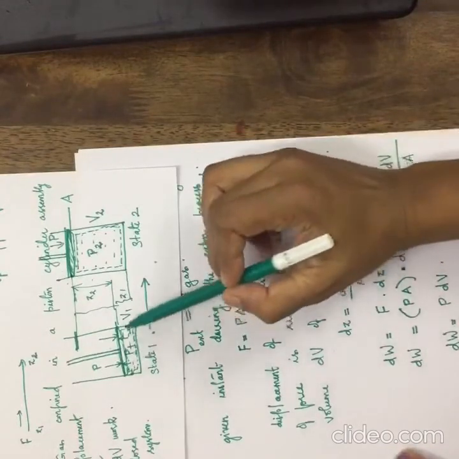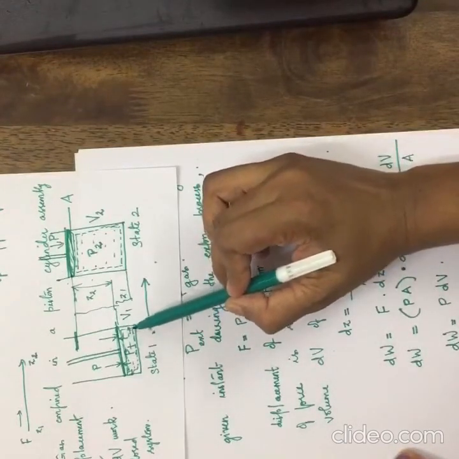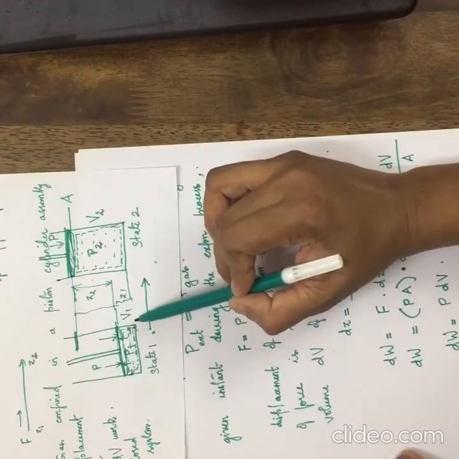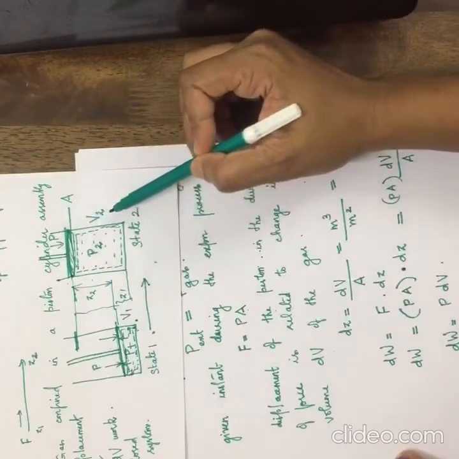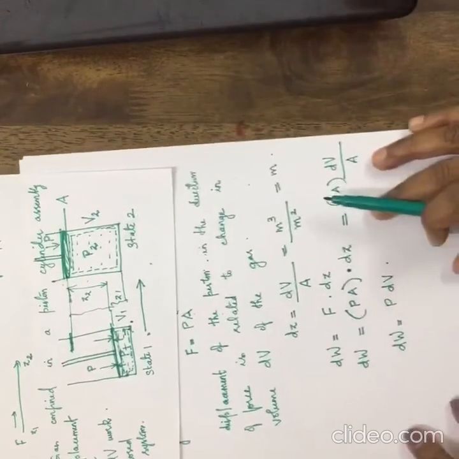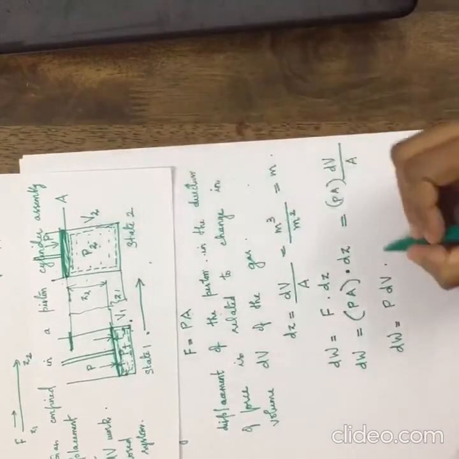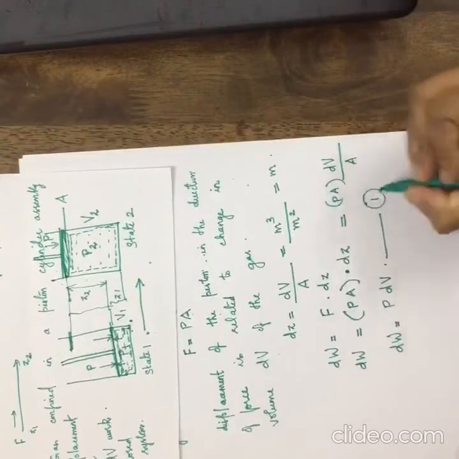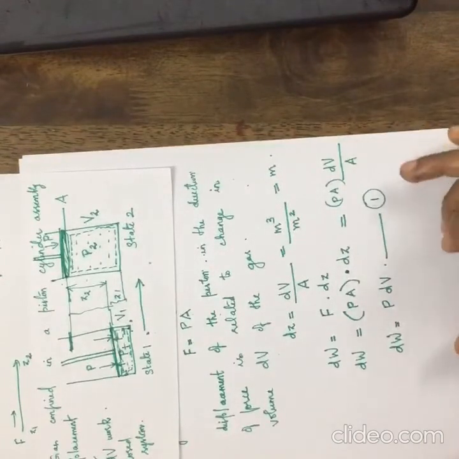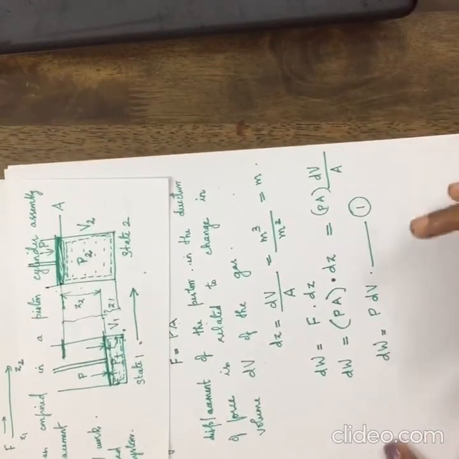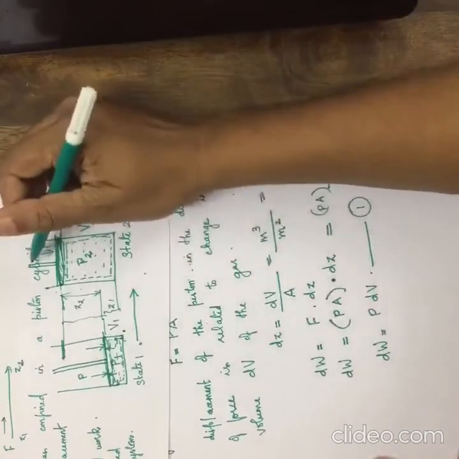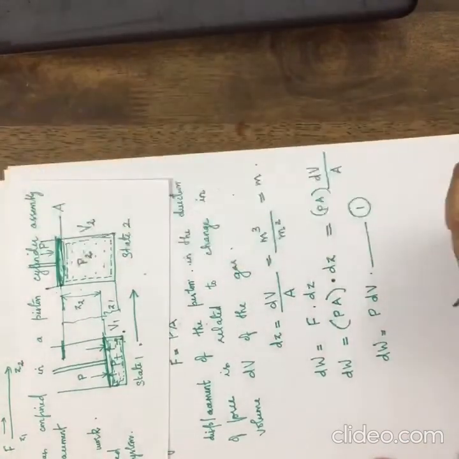So if the volume of a gas changes from an initial volume V1 to a final volume V2, then this equation 1 can be readily integrated in order to get the work done on the face of this piston.